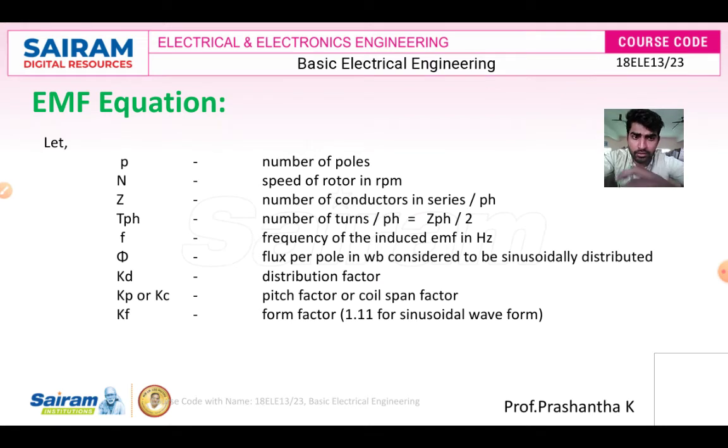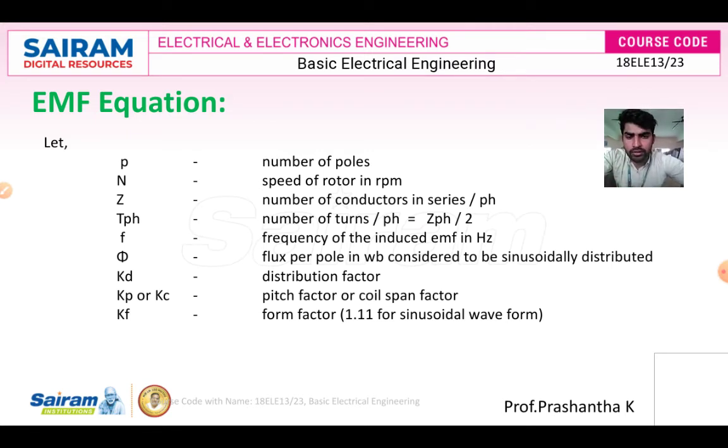When the turbine starts rotating, whatever the speed, the turbine is coupled with the rotor shaft. So when it starts rotating, the speed is Ns, where Ns is equal to 120 f by P.